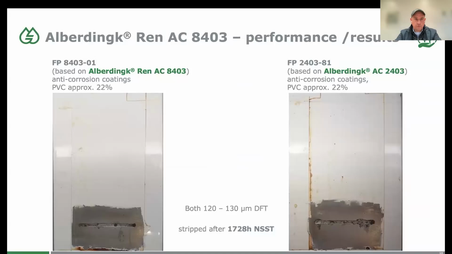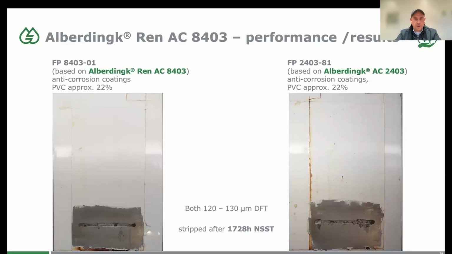So on the left-hand side, you have bio-based, and on the right-hand side is conventional fossil fuel-based monomers. The dry film thickness is in between 120 and 130 microns. And we have stopped the test after 1,728 hours of neutral salt spray testing.